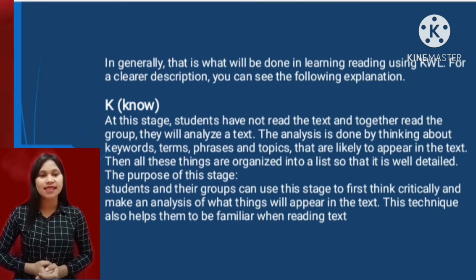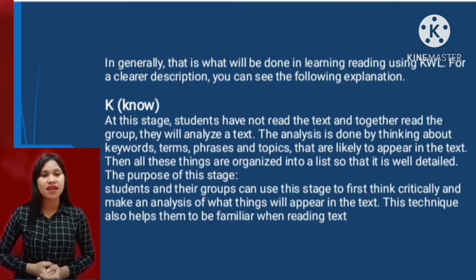The analysis is done by thinking about keywords, terms, phrases, and topics that are likely to appear in the text. Then all these things are organized into a list so that it is well detailed.